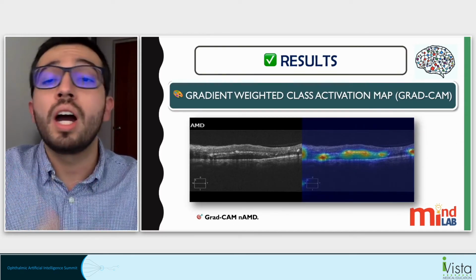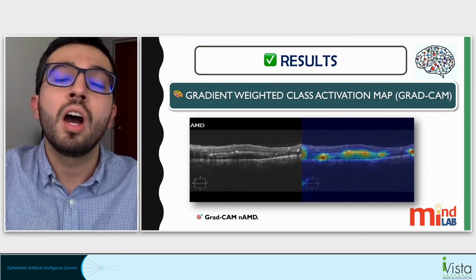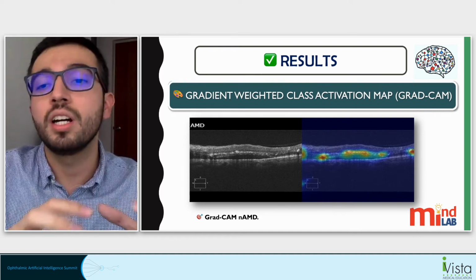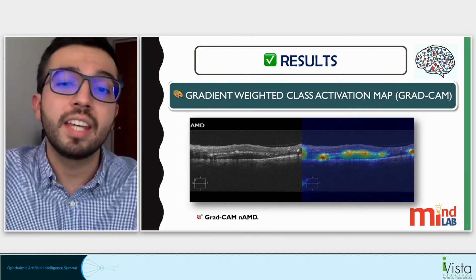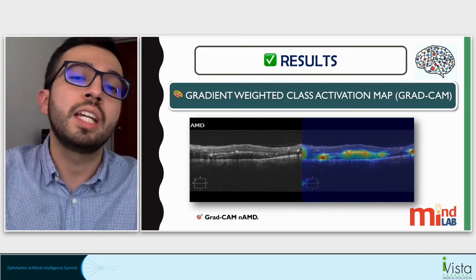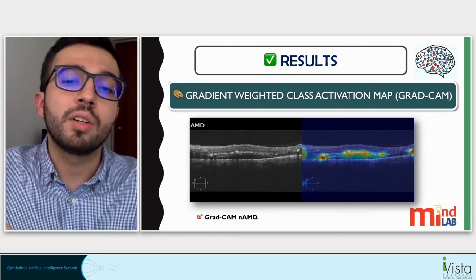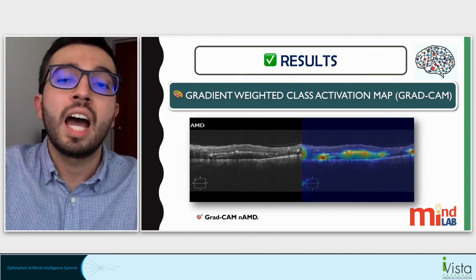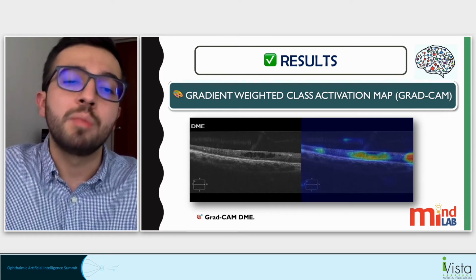In order to achieve visual explanation and behavior of the recognition and the combination of these biomarkers, we explored GradCam in order to make, for example, this recognition of subretinal fluid and hyperreflective foci and drusen for AMD.